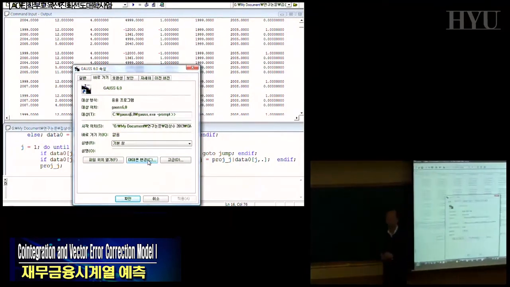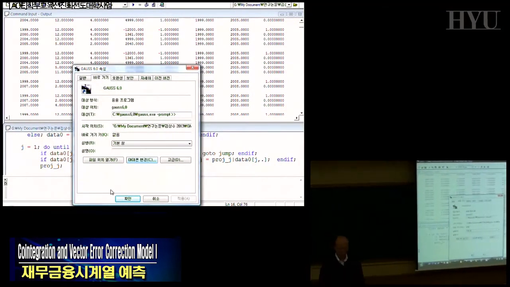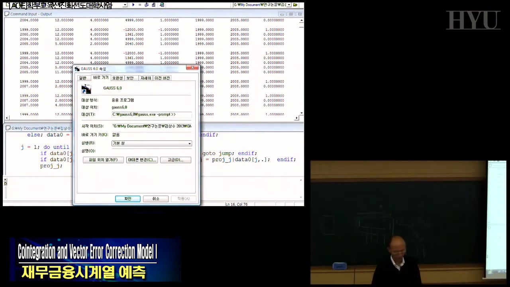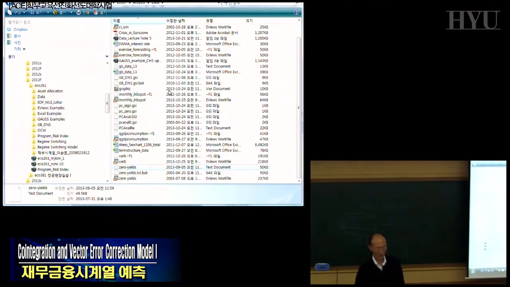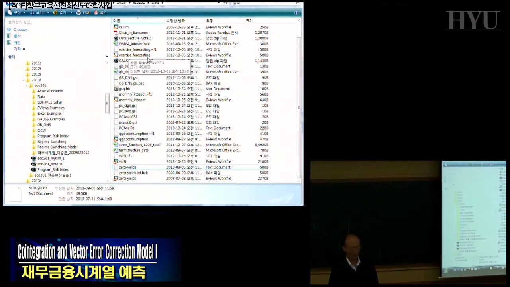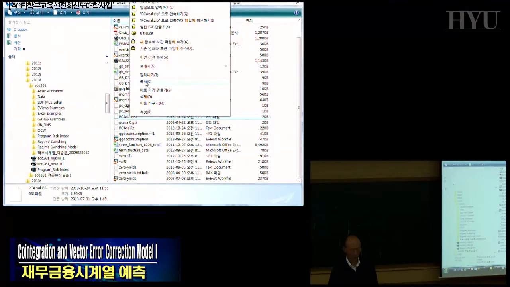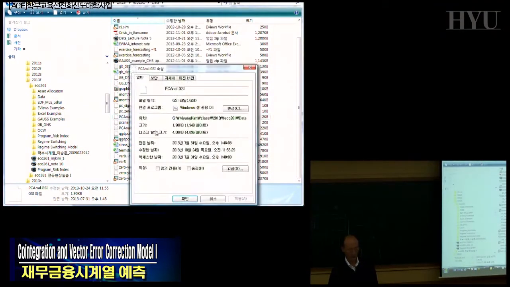Okay. So what I used to do is this. If I want to specify this one as my subdirectory, let's see, PC anal GSI, I open this one and take a look at the property, and this is the location, right?